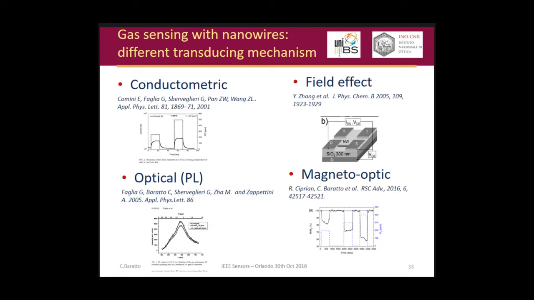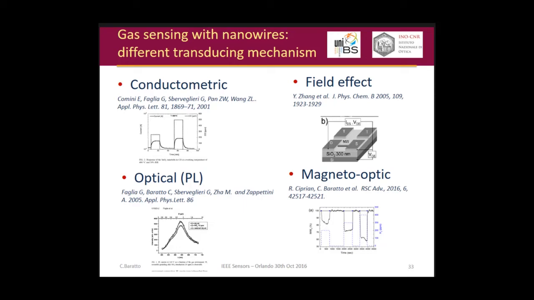They demonstrated in 2000 gas sensing with nanowires. Another type of mechanism is the field effect gas sensor. Here is reported work on a single nanowire, and by changing the gate of the FET, you have a different behavior of the gas sensing.